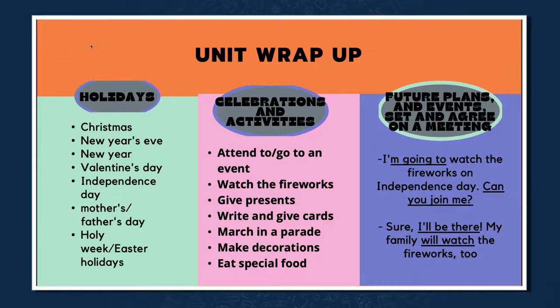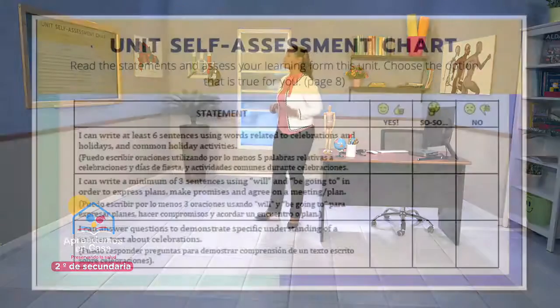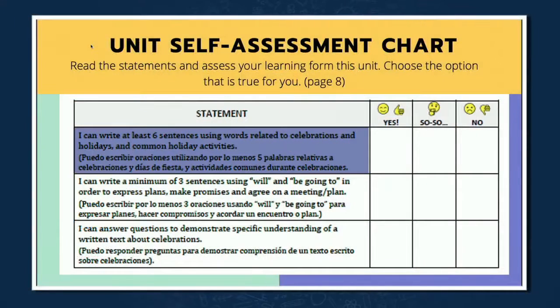After you finished these units, I want you to check these self-assessment charts and think about how much you've learned in these classes. Quiero ahora que veas el cuadro de autoevaluación y que tú pienses durante esta unidad qué tanto tú has aprendido. Puedes escribir oraciones utilizando por lo menos 5 palabras relativas a celebraciones, días de fiestas y actividades comunes en las celebraciones.